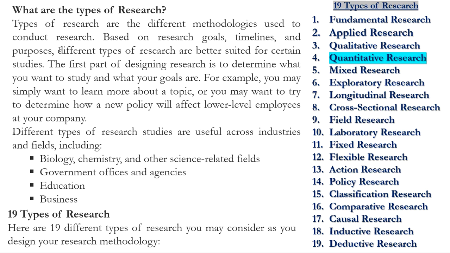In these types of research, different methods are used to conduct research for a better way to resolve an issue and get a solution, based on our research goals, timelines, and proposed methods. Different types of research may be utilized for a particular, suitable solution.